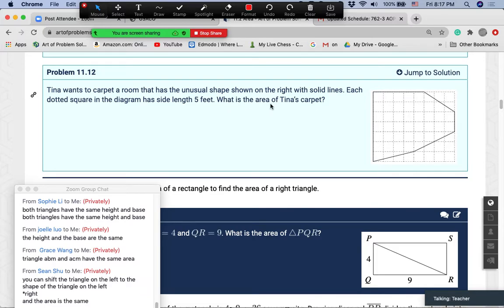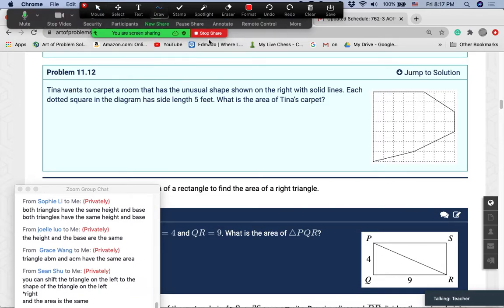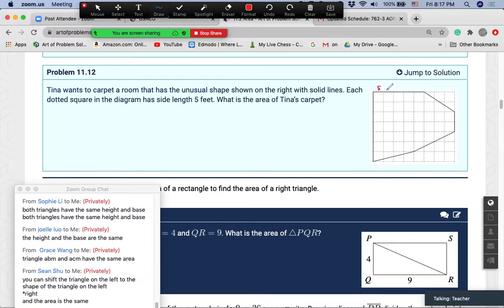What is the area of Tina's carpet? So each small square, the side is 5 feet. See, this one's 5 feet, 5 feet, 5, 5, 5. Then they ask you what is the area of this shape. Everybody do it. Then send me your answer in the private chat. Now let me check.